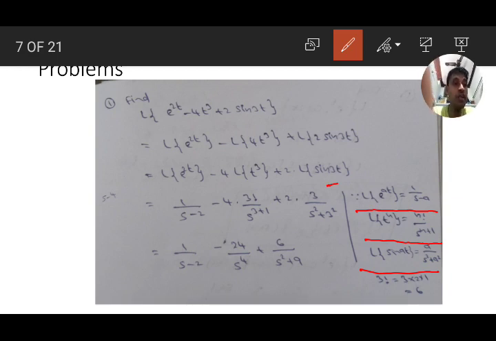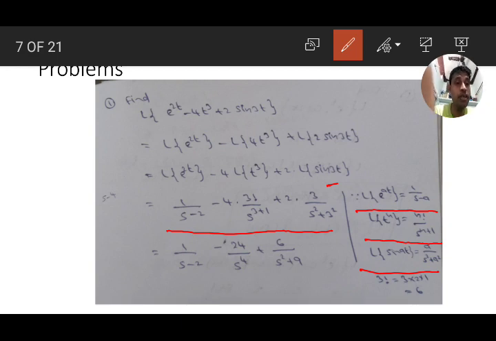Substituting in these formulas, we get 1 by s minus 2, 4 into, with n equal to 3, 3 factorial by s to the power of 3 plus 1, and 2 is the same, with a equal to 3, 3 by s square plus 3 square.